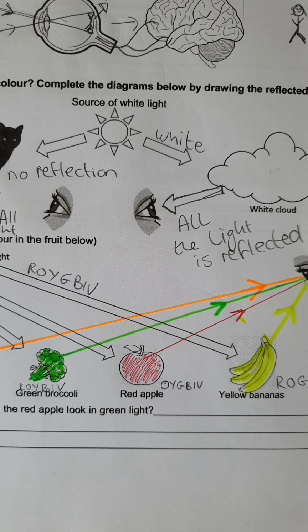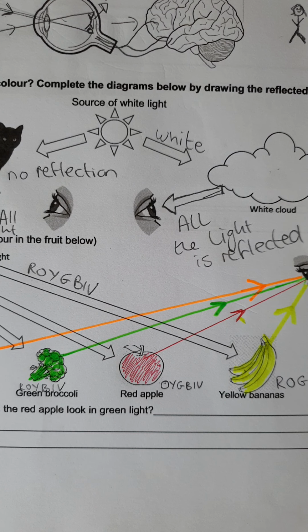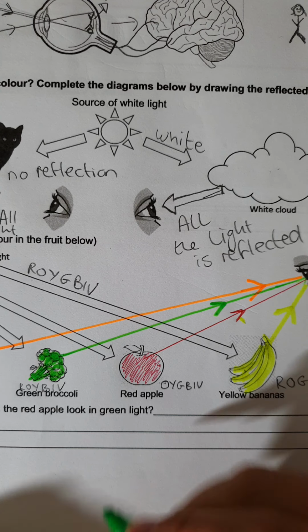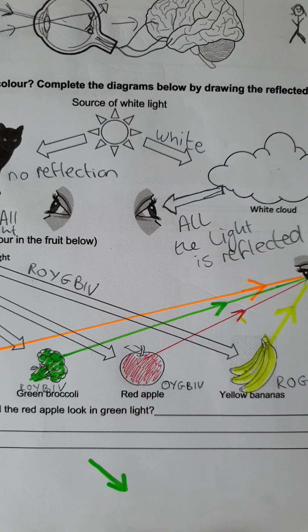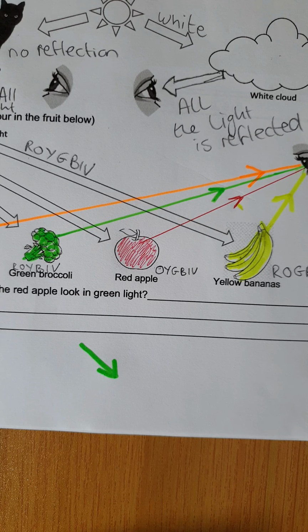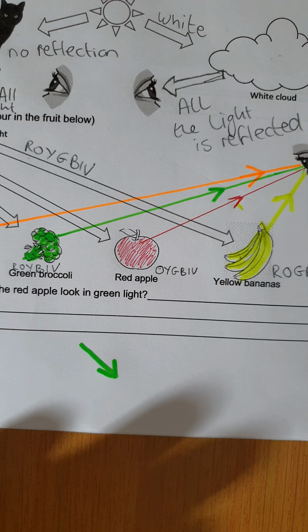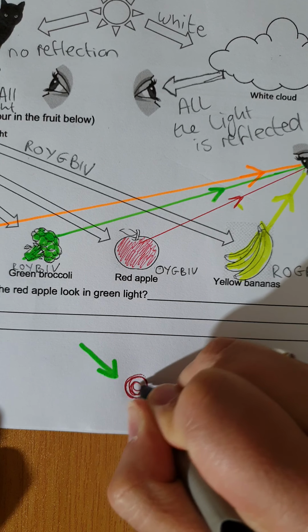Okay, what would the red apple look like in a green light? Oh gosh, so let's think about this. Only green is in the light. So a green light. We have an apple, and we know the apple is red.